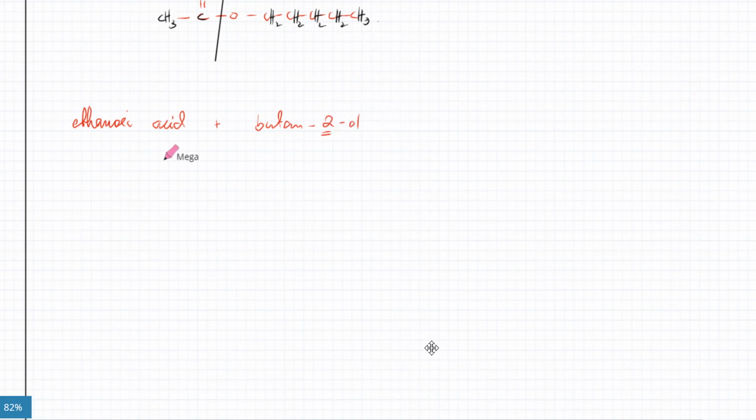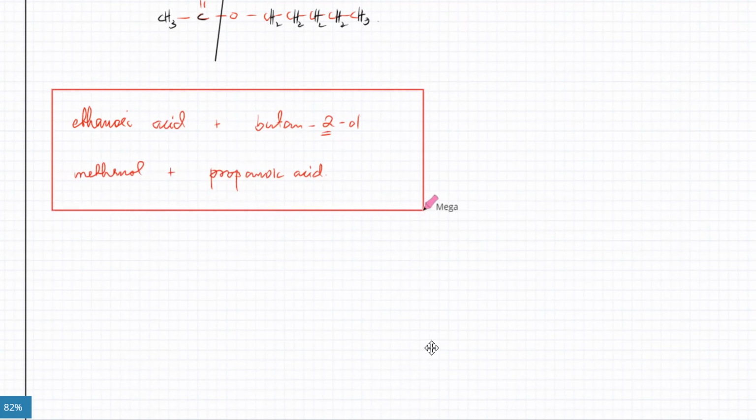Then react methanol with propanoic acid. So what you're supposed to do is draw these 2 esters, and name these esters.